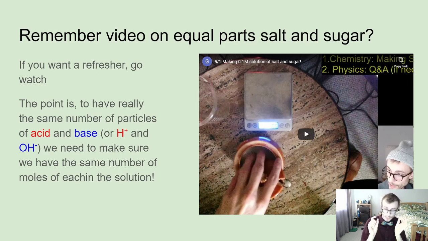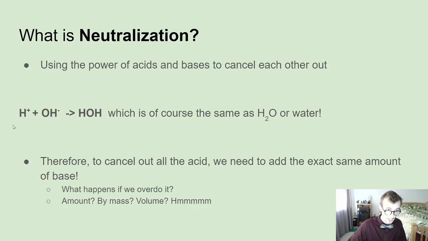So again, the goal being we want the same number of H pluses and OH minuses because every H plus paired up with an OH minus basically neutralizes the threat. By itself, an H plus is dangerous. By itself, OH minuses are dangerous. And of course, what I really mean is large groups of H pluses or large groups of OH minuses.